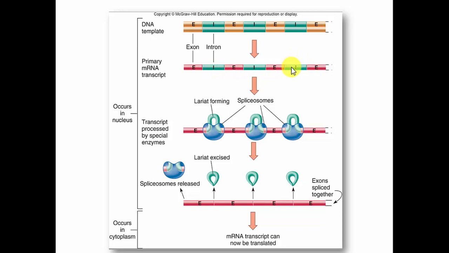So Mother Nature has it so that when the RNA in a eukaryote is produced, it actually needs to be processed before it goes on to the next stage, which is translation. And so what happens is these little enzymes called spliceosomes will cut out certain regions, shown here in green, and glue back together, so to speak, these regions here shown in red. So the introns are cut out and the exons are glued back together. And this process is called RNA splicing.